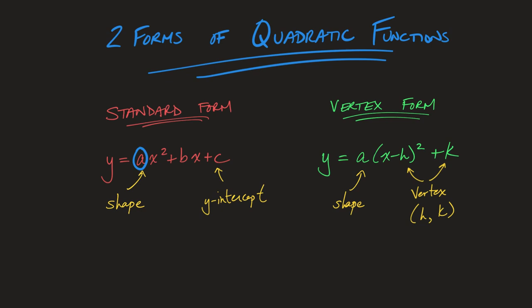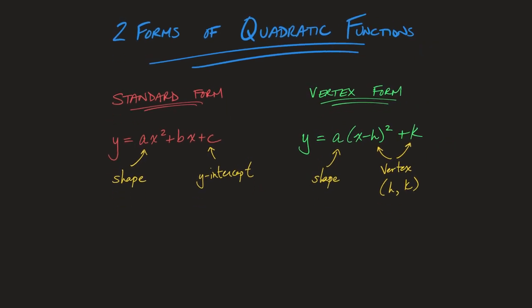The other part that we may not be familiar with is my c value on the end, which would represent my y-intercept. I do not have to do any calculations to find my y-intercept when I'm dealing with standard form because it's just the constant.